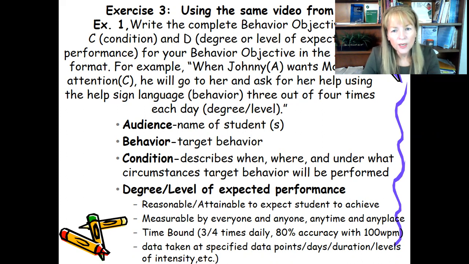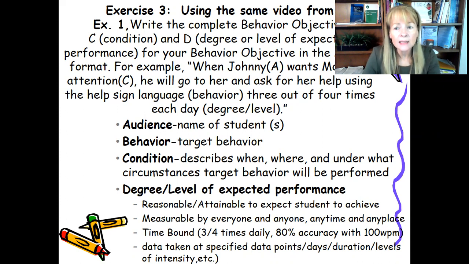For exercise 3, you're going to be writing the behavior objective in its entirety. You will see that we also use an ABCD formula. This is not to be confused with ABC analysis of behavior.